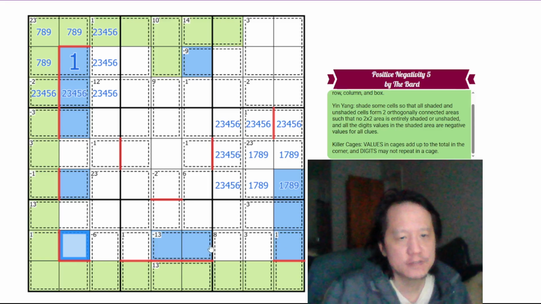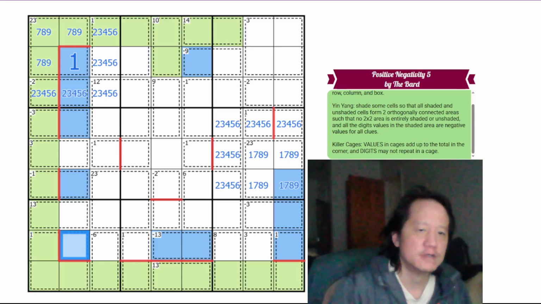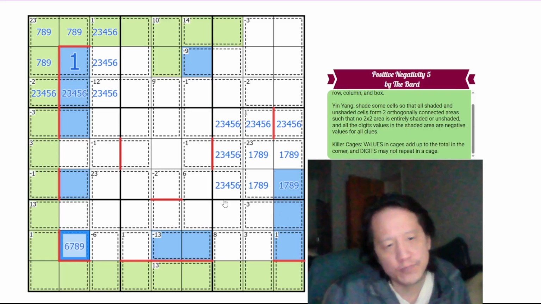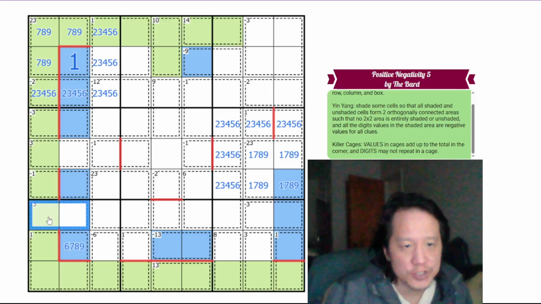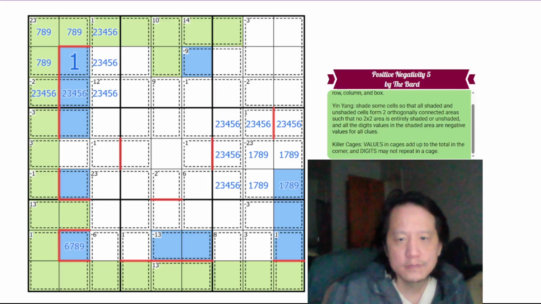So these add up to 7 at least, and it could be up to 10. So this is 6 through 9 there. Oh, these are the same shading, because it adds up to 13. So this is the same shading. Negative 1 is split, negative 1 is split.